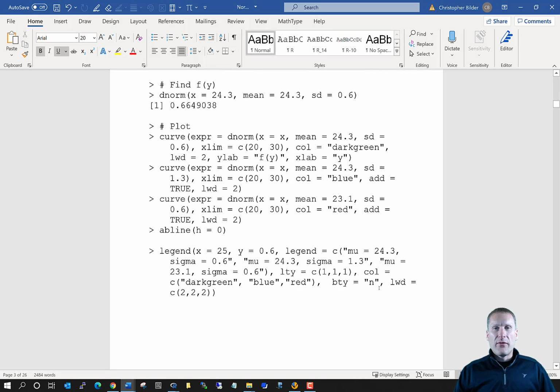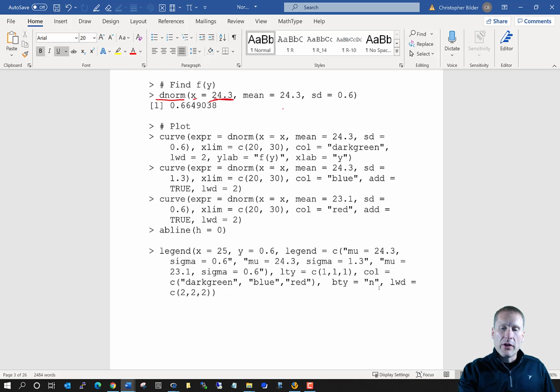Now, to evaluate f of y, I could simply program in the expression that I just had on the first page of these notes. Instead, I can use the dnorm function in R. We've seen functions like this before for other probability distributions. Its first argument is x. This is where you put in y, where you want to evaluate the PDF. Let's say I want to evaluate it at 24.3.